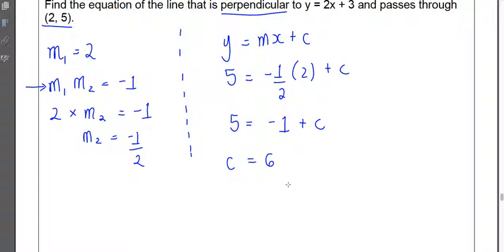C is equal to 6. Therefore, our final equation must read y equals negative 1 over 2, so that's just negative x over 2, plus 6. There we go.